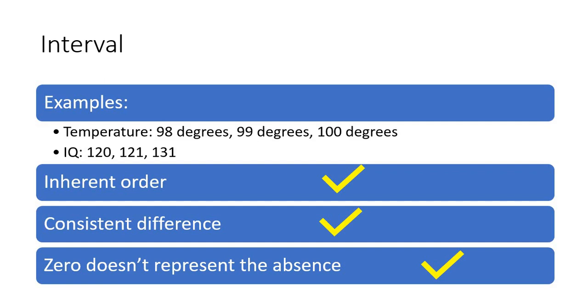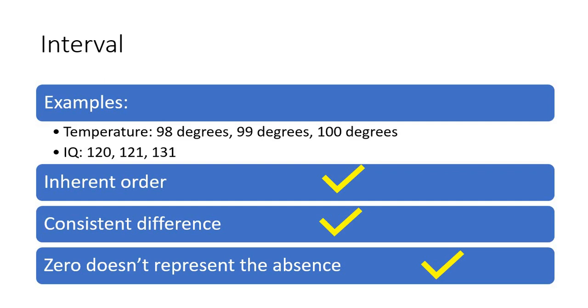However, at this level of measurement, 0 does not represent the absence of something. This is a bit tricky to understand. Let's take the example of temperature. Temperature can be 0, but 0 does not mean there is no temperature, because 0 temperature is also a temperature.